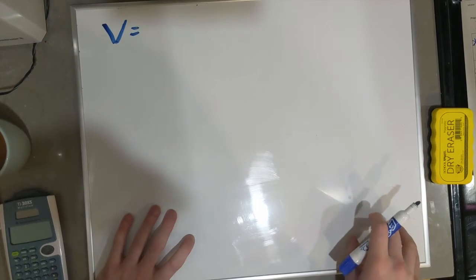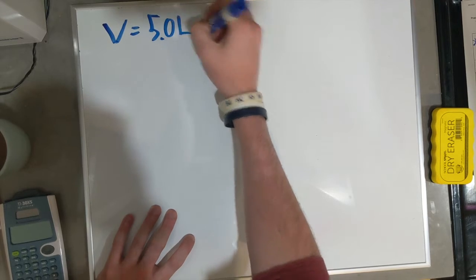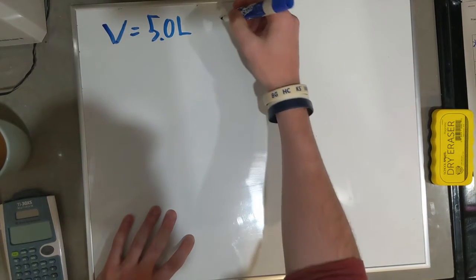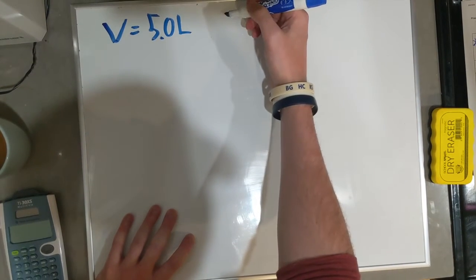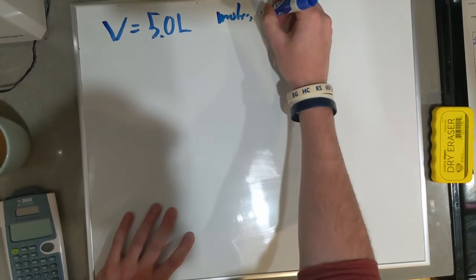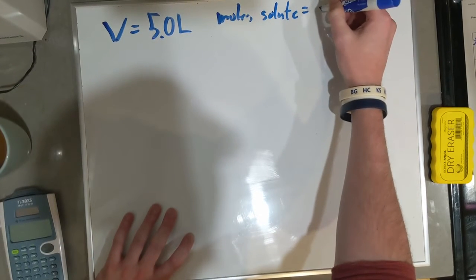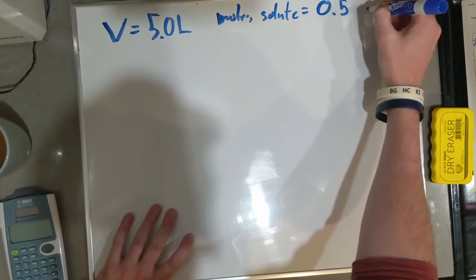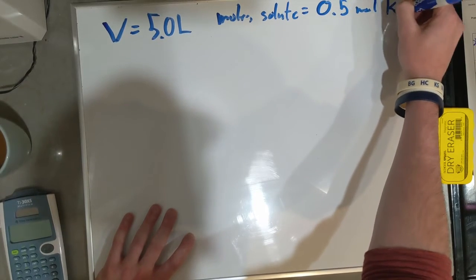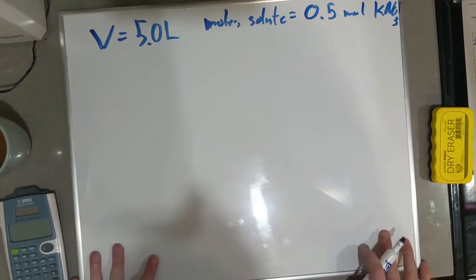Volume equals 5 liters. And the moles of solute is 0.5 mole KNO3. I promise I'll be cleaner for the rest of this.